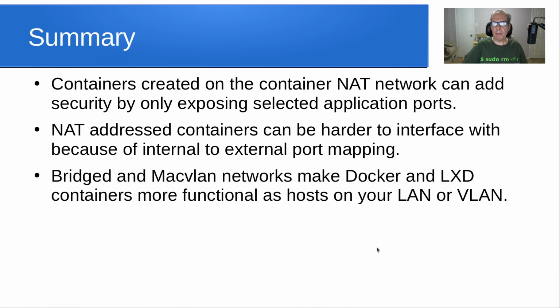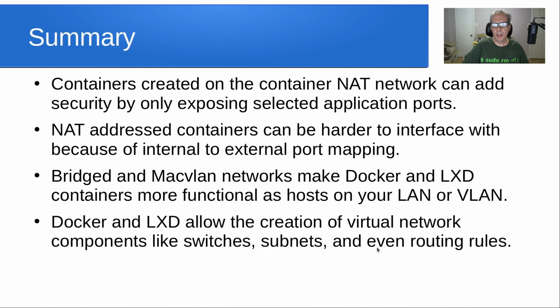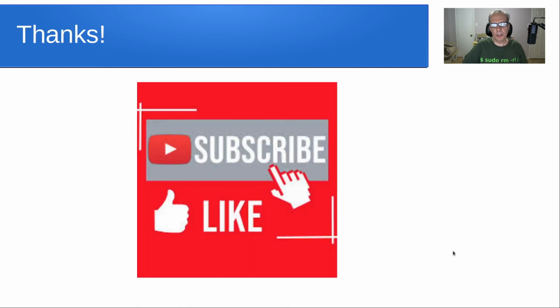And bridged and MacVLAN networks make Docker and LXD containers more functional as hosts on your LAN or VLAN. And then Docker and LXD allow the creation of virtual network components like virtual switches, subnets, and even routing rules. So those are things to remember, and that expands the functionality of your containers.